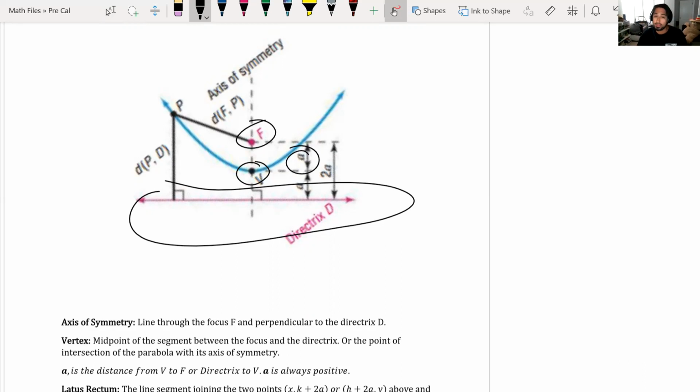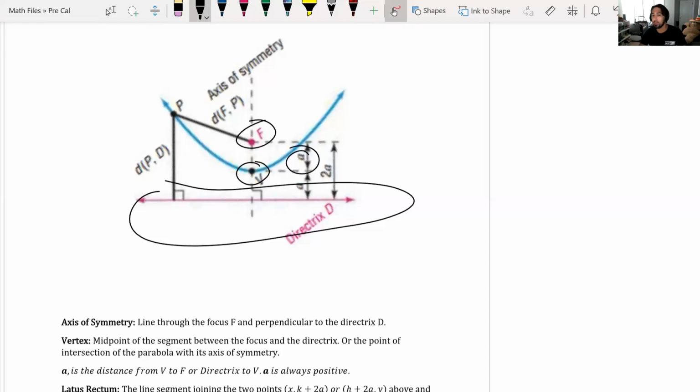A represents the distance from vertex to focus, and a also represents the distance from vertex to directrix. So a is very important here. A represents that distance. And if we know a, that is an important piece of information that we need.